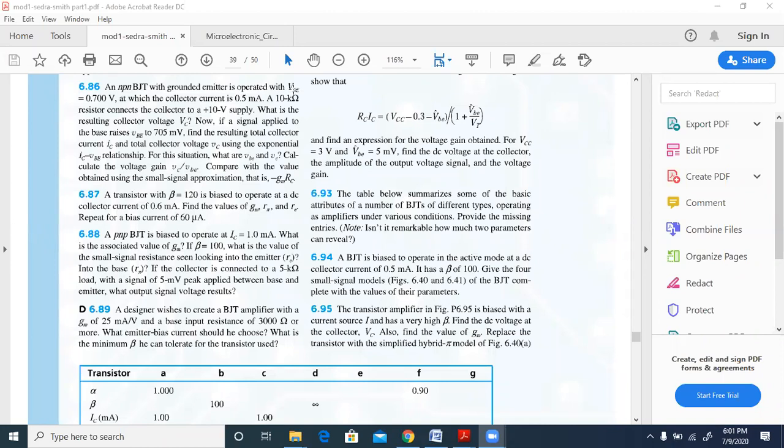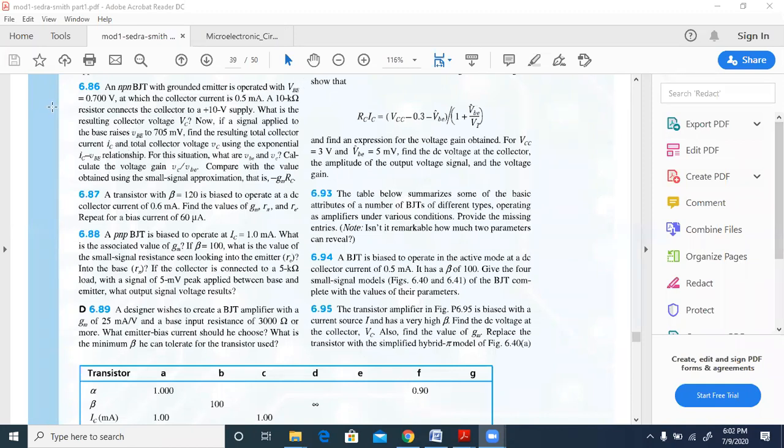Okay, this capital VBE is the DC component or the biasing component, while the small v with capital BE is the total voltage. So you add the DC with the AC component, and you get the total.